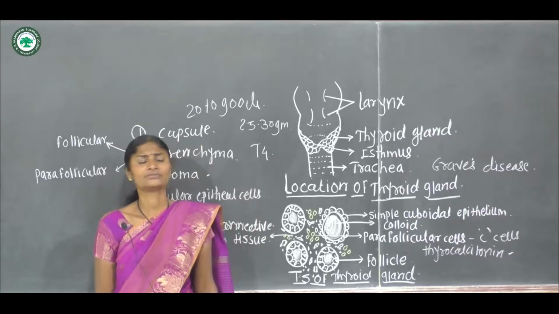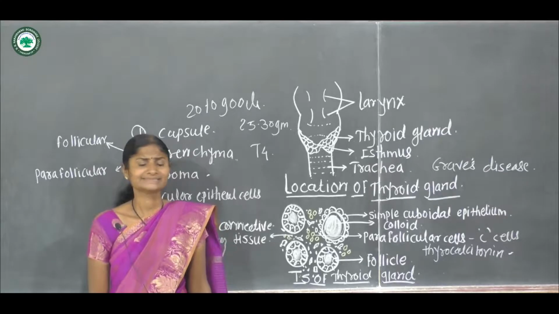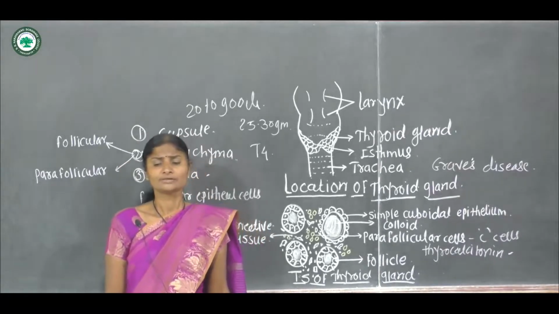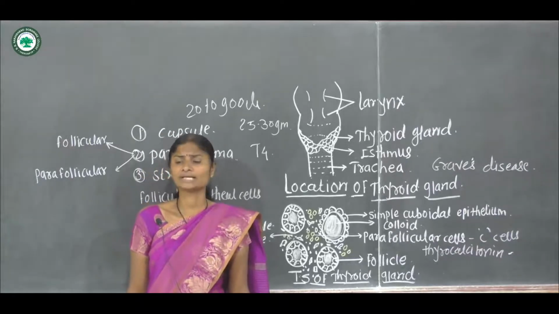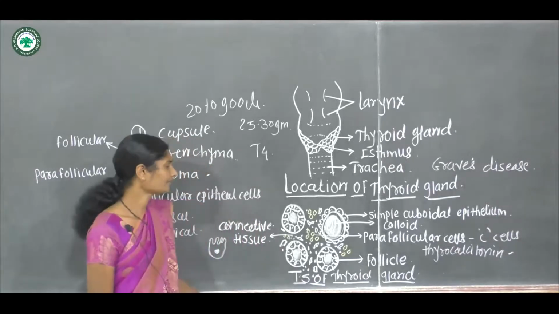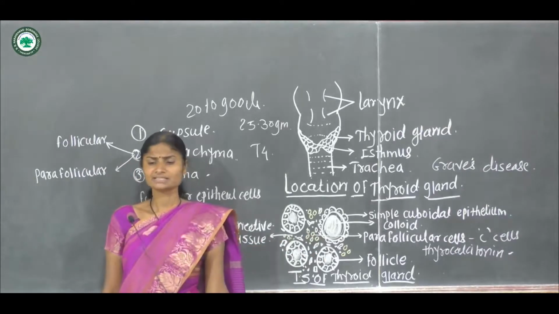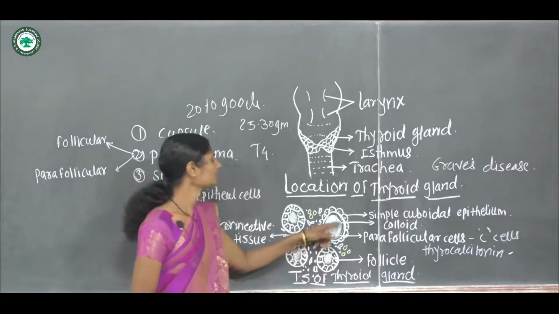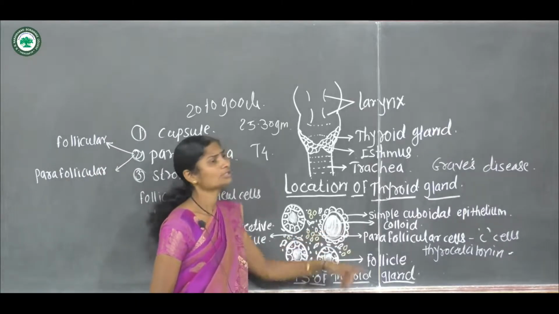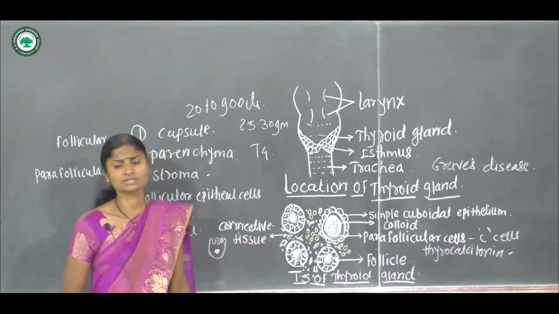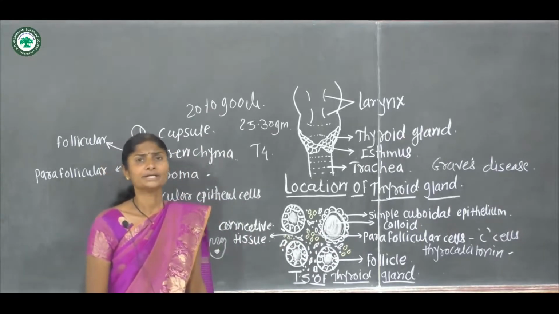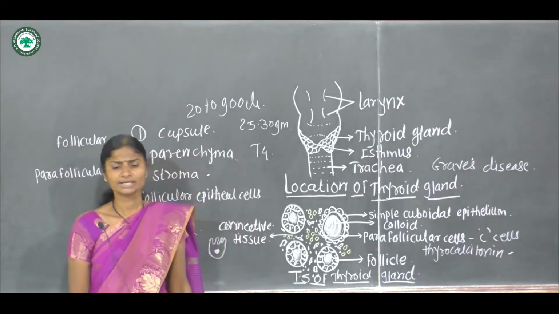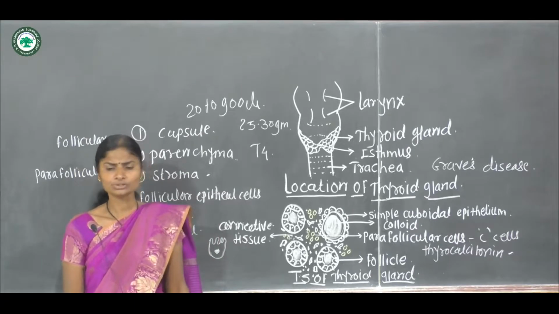And the diagnostic features of the thyroid gland: the follicle is the structural and functional unit of the thyroid gland. Follicles contain follicular epithelial cells and parafollicular cells. The follicle shows a follicular cavity, which contains a gel-like iodine-containing substance called colloid. Interfollicular spaces are filled with reticular connective tissue and adipose tissue.